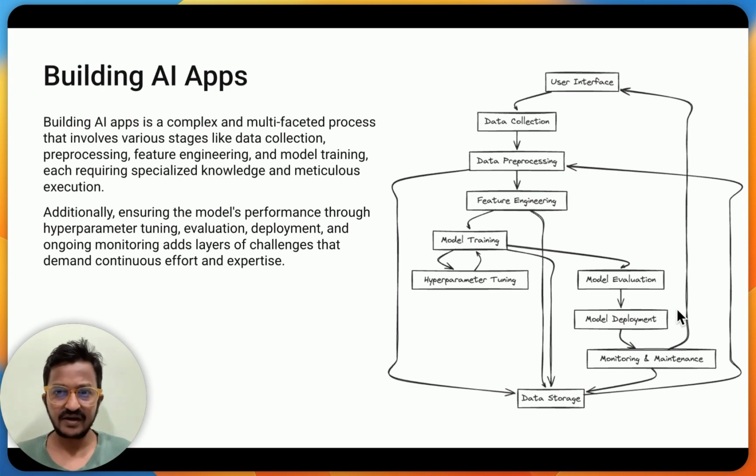There's a lot of effort required, and it's a very complex process at each stage. It requires a lot of skill set, which is lacking in the industry because of the pace at which AI is moving. So the whole idea of this slide is to let you know that building AI applications is not that easy without the AI frameworks.